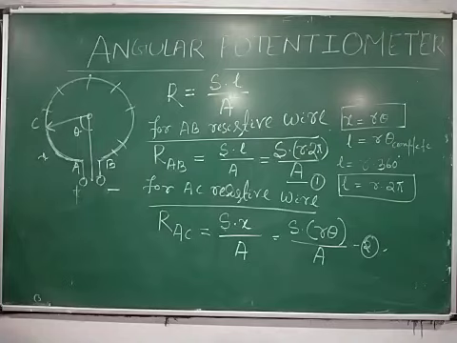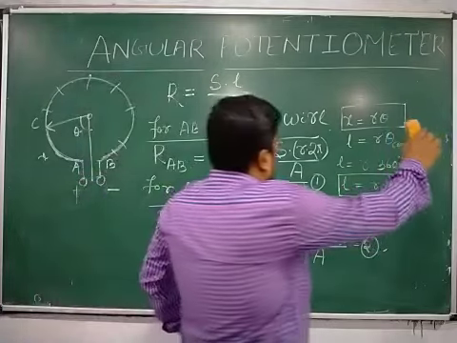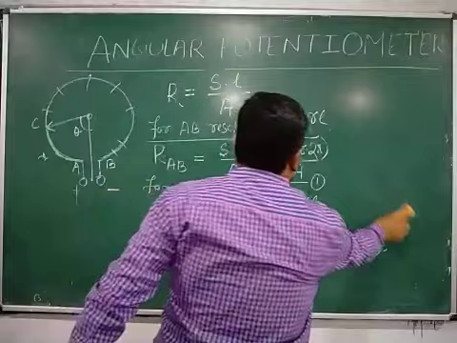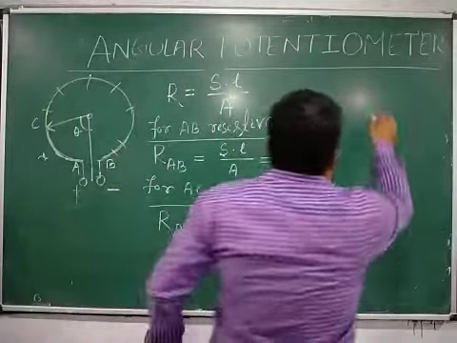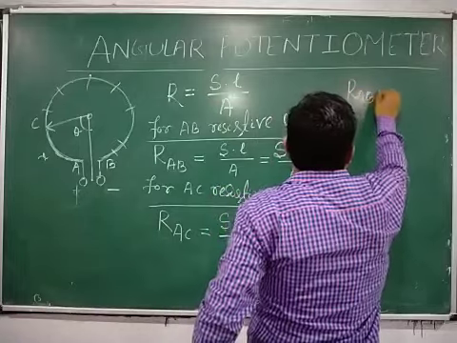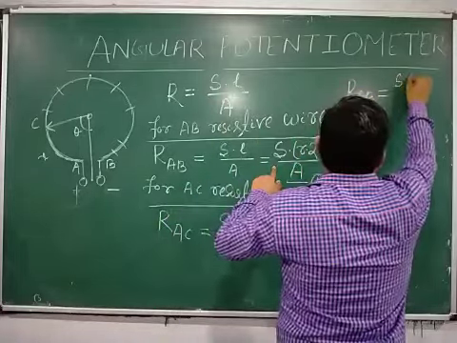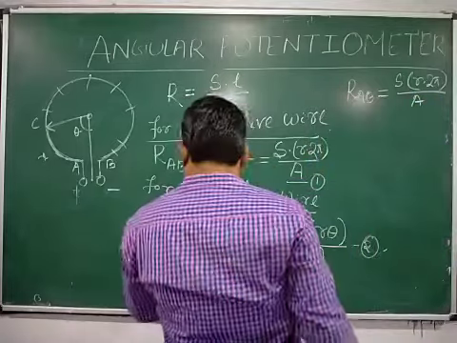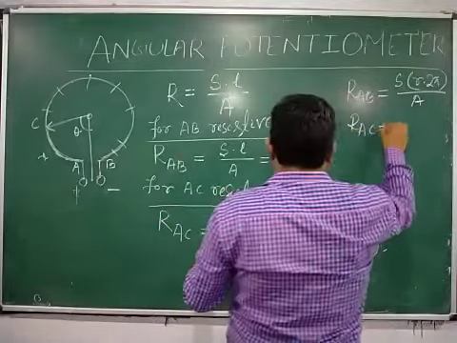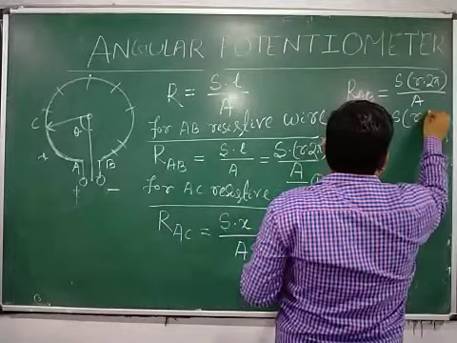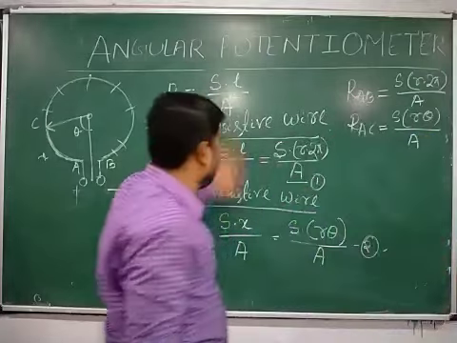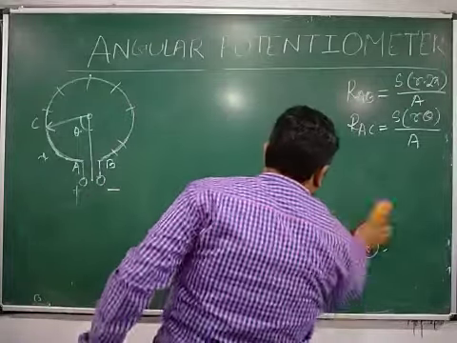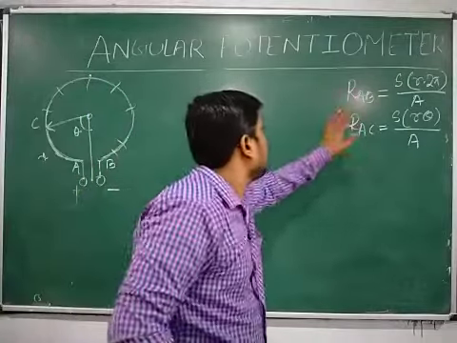Okay students, so RAB will be S into R into 2 pi by A, and RAC will be S into R theta whole divided by A. Now just divide these two equations.